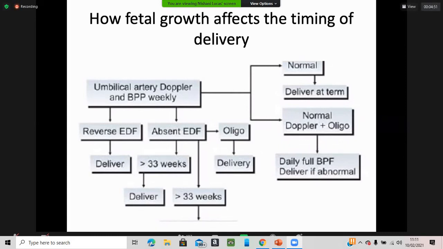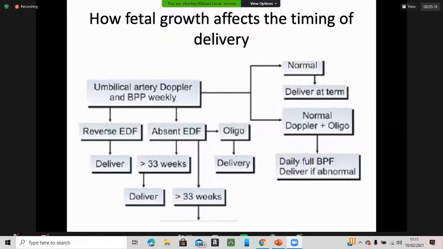The second problem is that taking the baby out, if the baby is very preterm, is risky too. If the baby is 20 weeks, the baby is not going to survive anyway. We cannot support a baby who is 20 weeks. Do you understand the problem? I think maybe the sign is wrong or whatever.